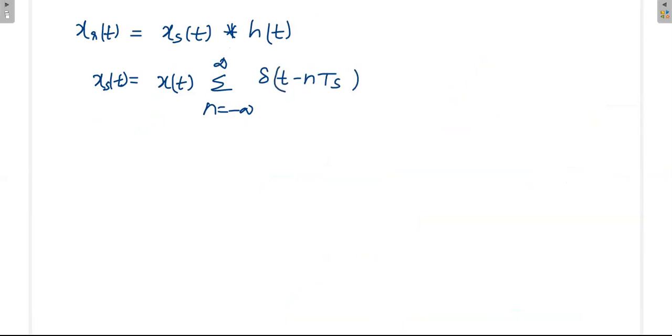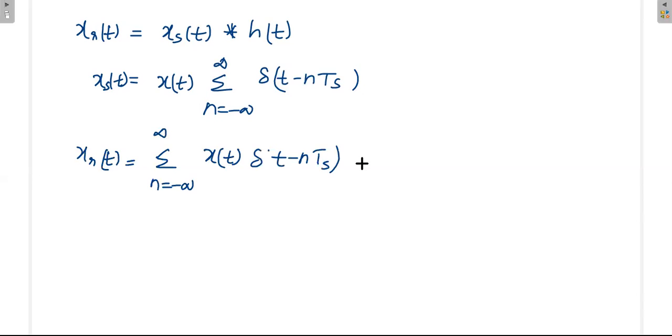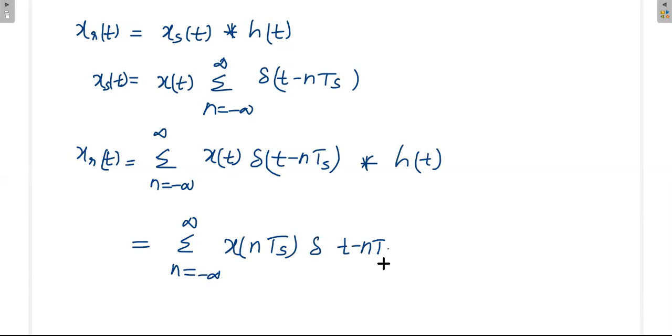So X_r of t is equal to, taking that x of t inside, summation n from minus infinity to plus infinity of x of t delta of t minus nTs convolved with H of t. Just a multiplication operation with the impulse, so instead of t we'll have nTs: summation n from minus infinity to plus infinity of x of nTs delta of t minus nTs convolved with H of t.